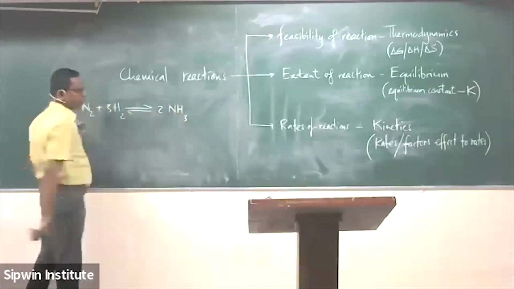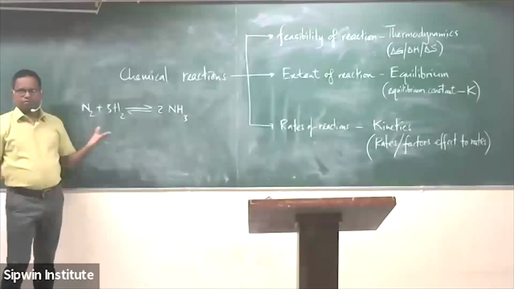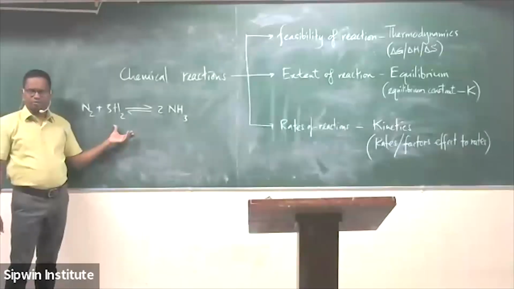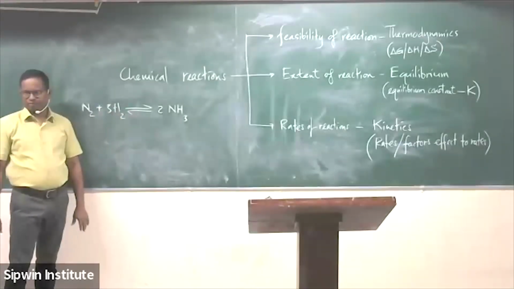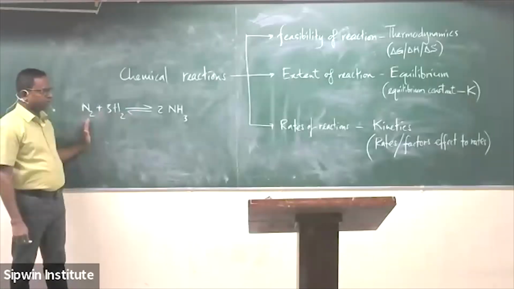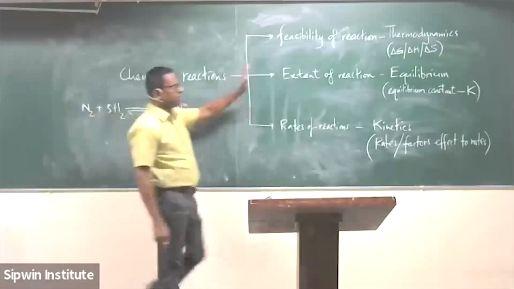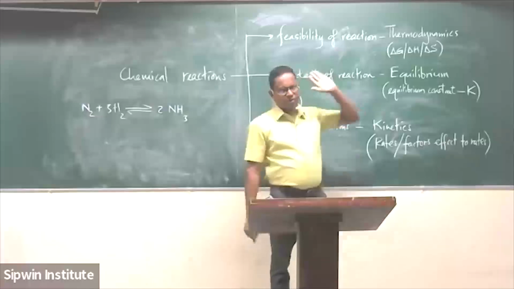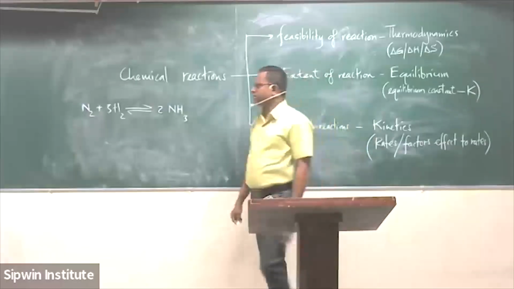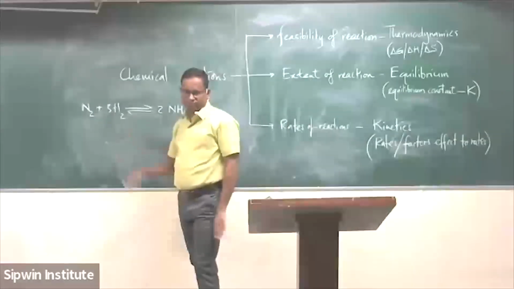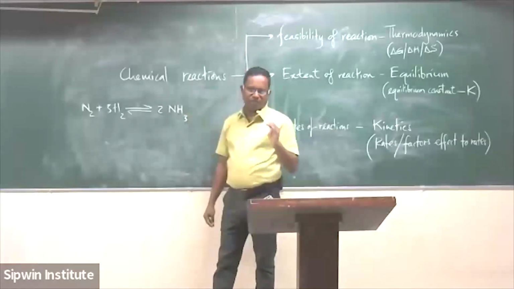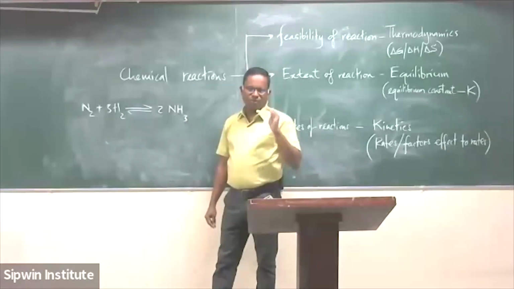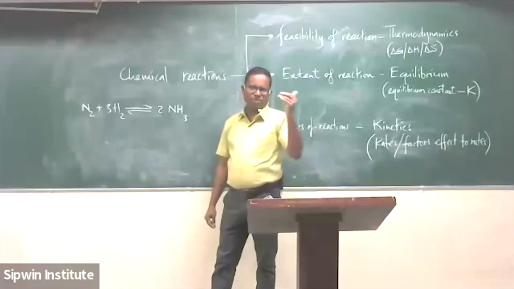When we want to study this reaction, or consider the proceeding of this reaction, we have to consider the feasibility. So thermodynamically, this reaction should be a feasible one. If it is not feasible, we have to supply conditions to make it happen until it becomes feasible.